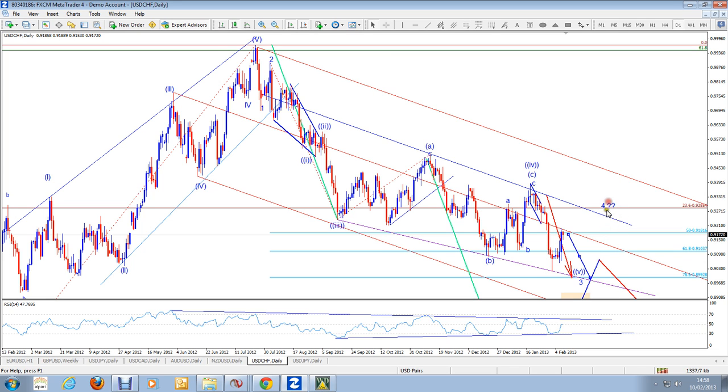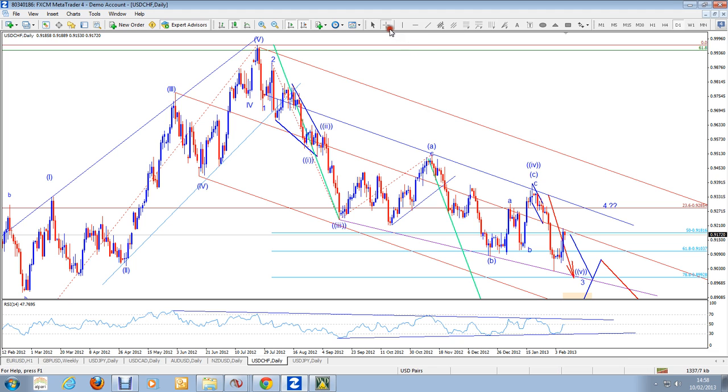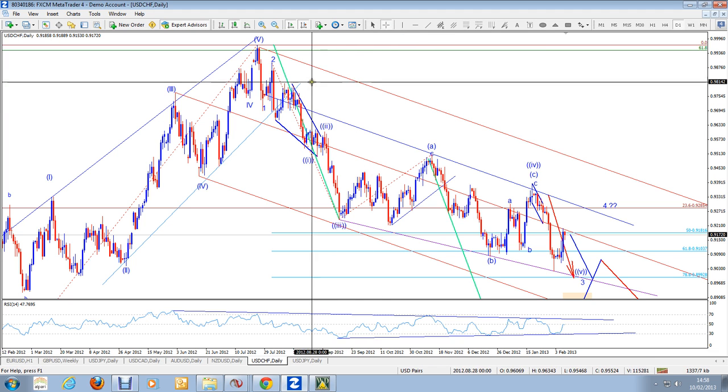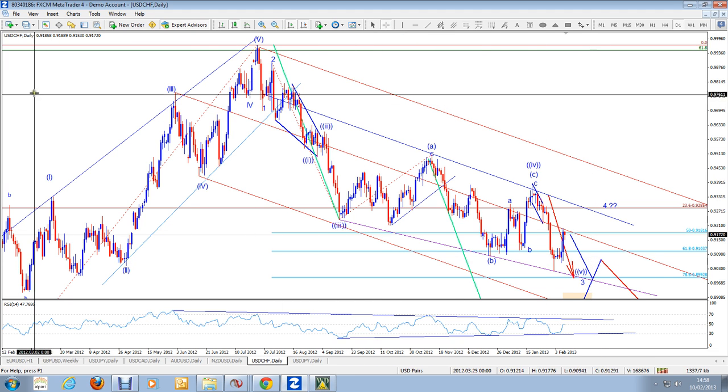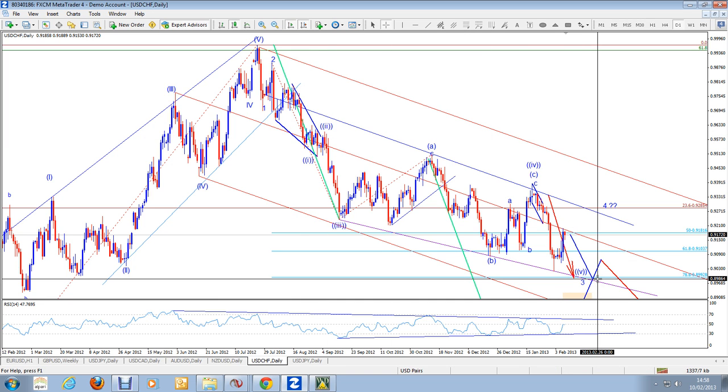And remember, dollar Swiss is only 10-11% or so of the dollar weighting. And dollar Swiss has been, with the exception of a few days, relatively strong, and has a good correlation with the dollar, because it's traveling in the direction of the dollar.